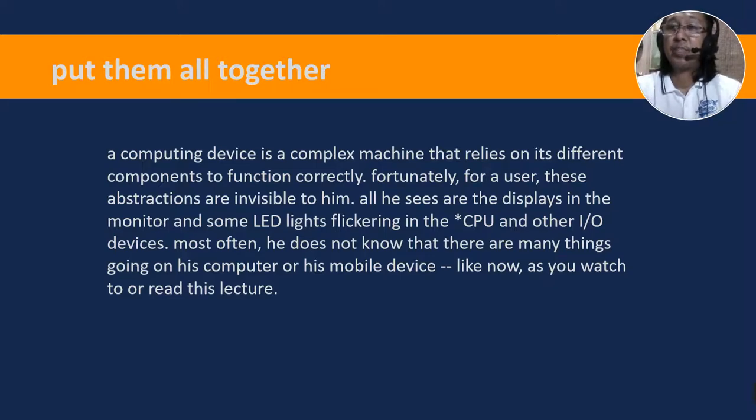But for us, these are the things that we try to understand and study as computer engineers, because we are not ordinary users. All the user sees are the displays in the monitor and some LED lights flickering on the CPU and other I/O devices. Most often, he does not know that there are many things going on in his computer or his mobile device.